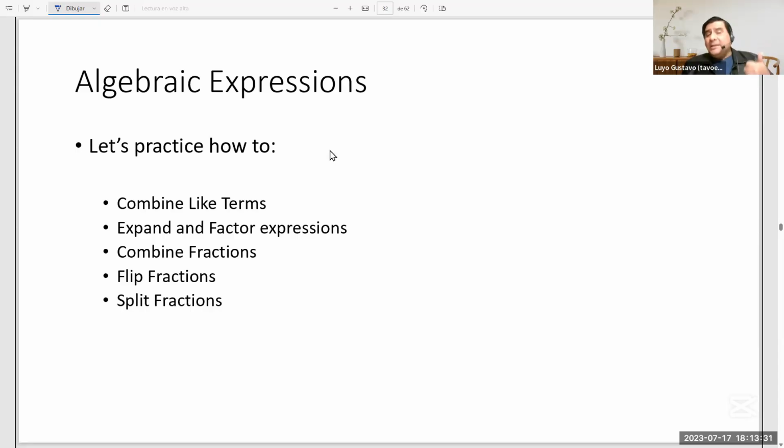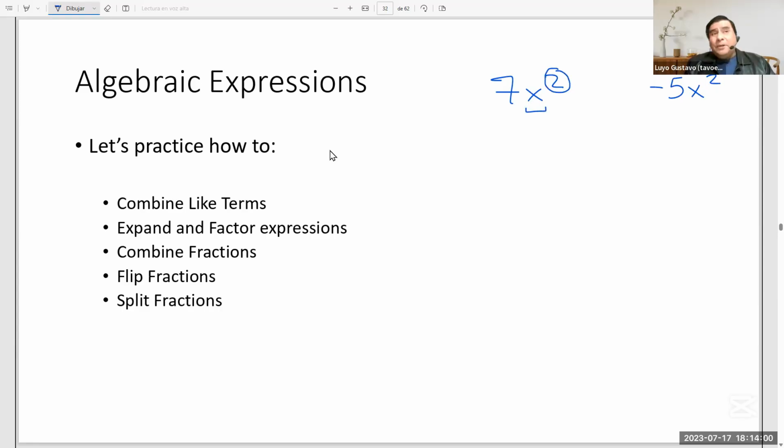first combine like terms. You know, what are like terms? Like terms are algebraic expressions that possess exactly the same variables and with exactly the same exponents. For example, 7x squared is a like term with this expression, minus 5x squared. Why? Because they share the same variable and exactly the same exponent.